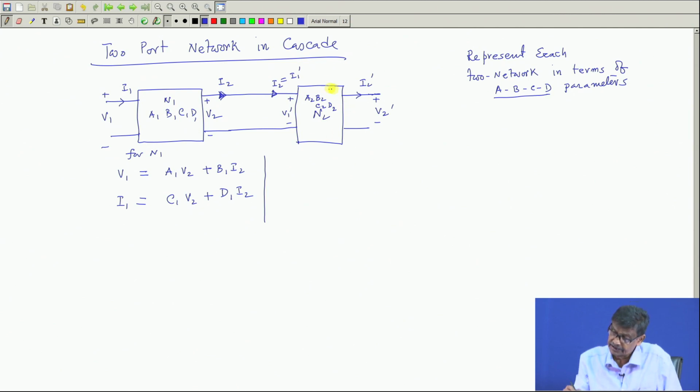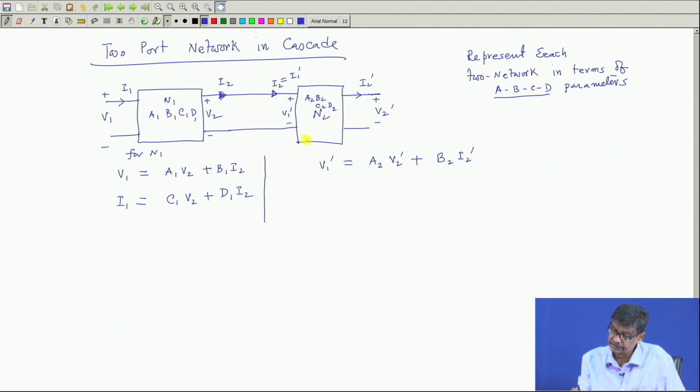Therefore, for this network the relationship will be V 1 dashed is equal to A 2 into V 2 dashed plus B 2 into I 2 dashed.